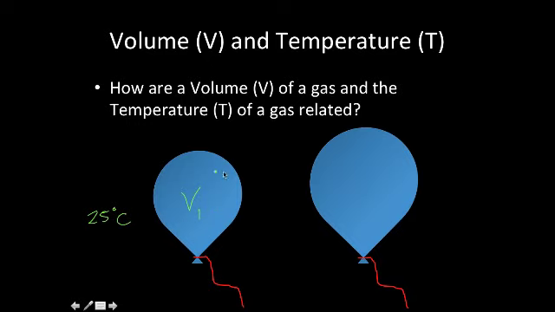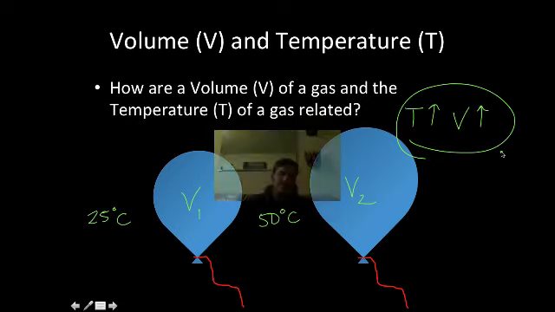If we were to take that same balloon and increase the temperature to, say, 50 degrees Celsius, we would see that the volume of the gas would go up. So the relationship I want you to remember is, as temperature goes up, volume of the gas also goes up. Remember that relationship.